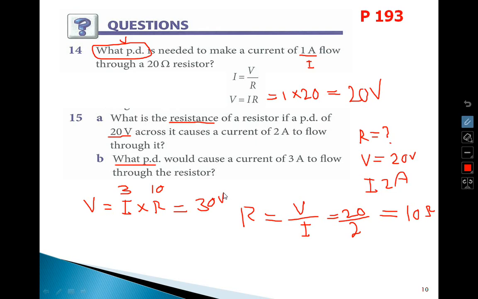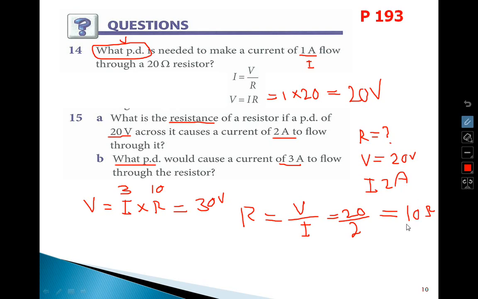Since I is increasing, what happens to V? When I was 2, the voltage was 20. So now, if I is 3, and R is what?